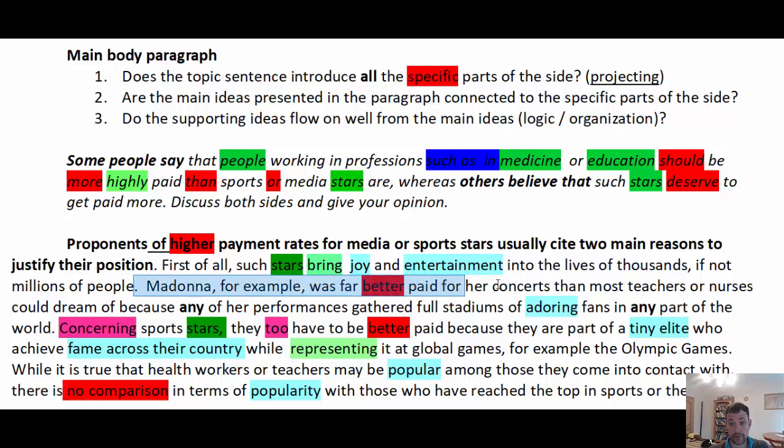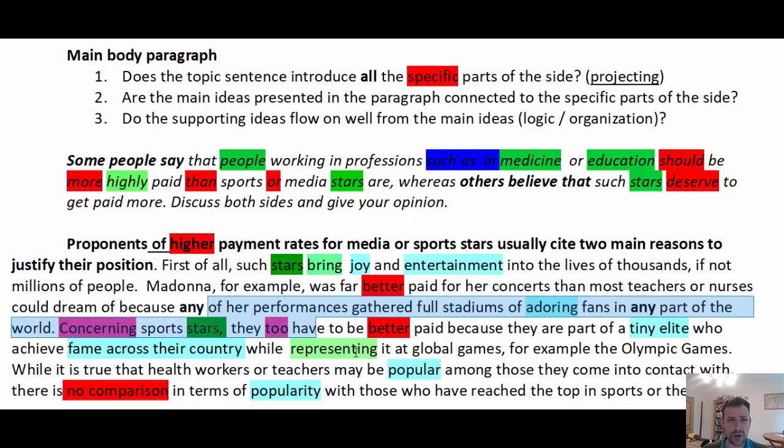Madonna, for example, was far better paid, could dream of, yeah, because. So earlier in the paragraph, I linked popularity and demand, well, not me, the writer, linked popularity and demand with pay. So I don't need to put anything in my organisation here to again link it because it's already been linked, and so this actually flows on quite well.